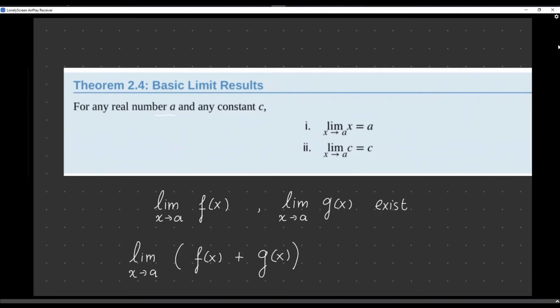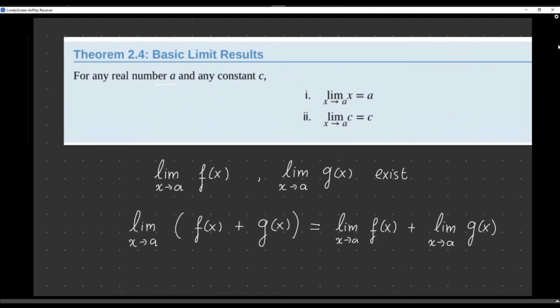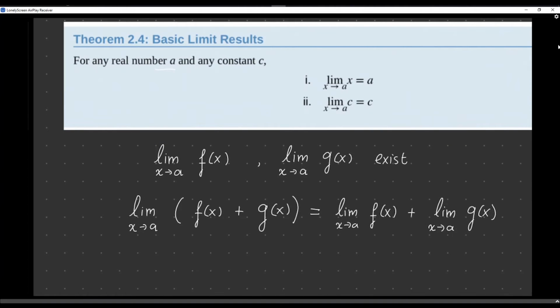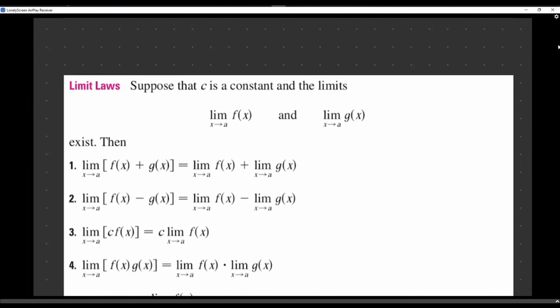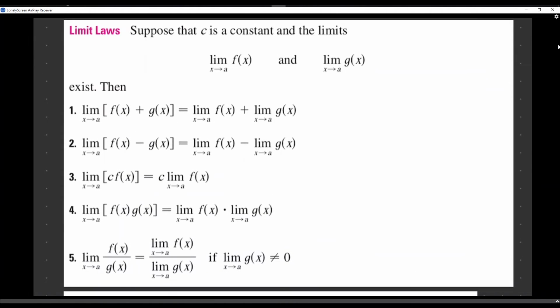If you go with your gut feeling, you must have been right that this limit is equal to the sum of the two limits, that is, the limit as x approaching a of f of x plus the limit as x approaching a of g of x. And this is also true for subtraction, multiplication, and division with some caveat. So that gives us the limit laws.